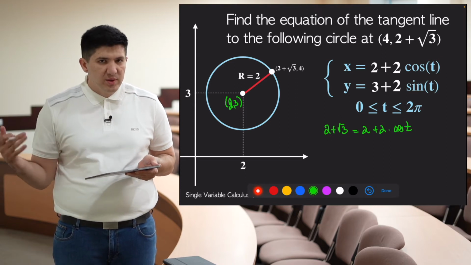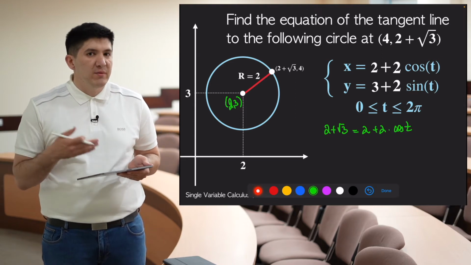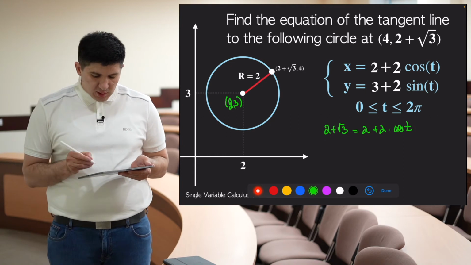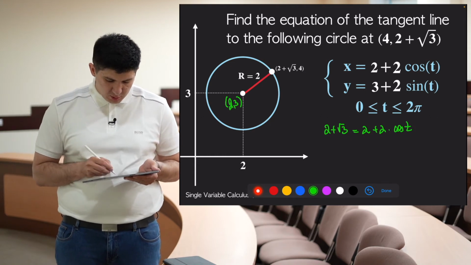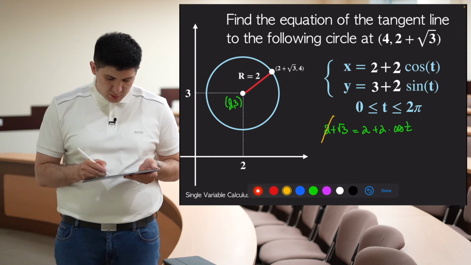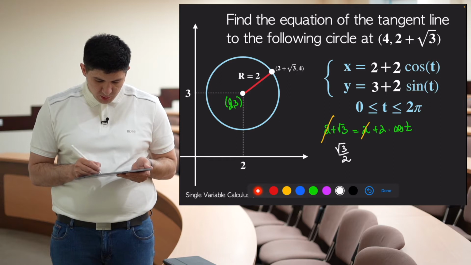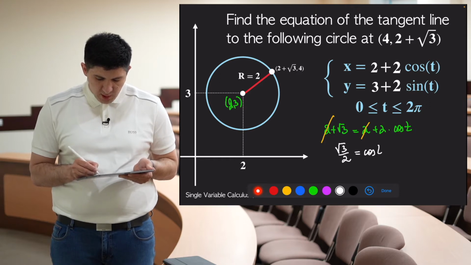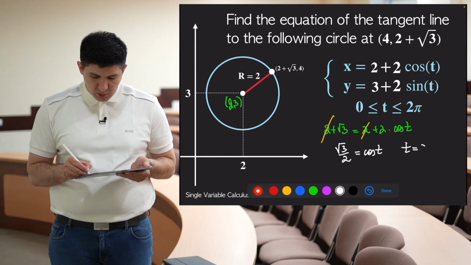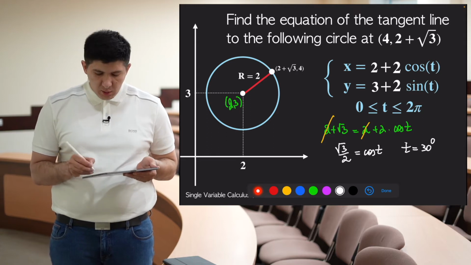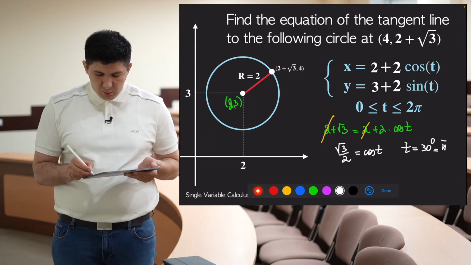What is the value of t which gives you the left-hand side? I'm just going to eliminate this 2 and 2, and what you're going to have here is simply square root of 3 over 2 equal to the cosine of t. And you can guess that t is going to be equal to 30 degrees, or simply pi over 6.